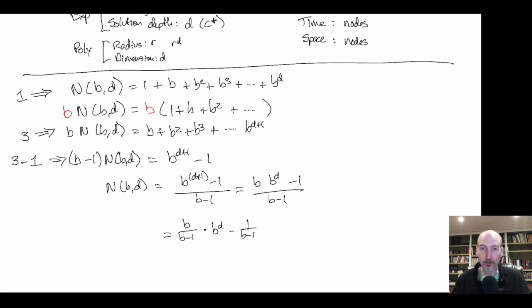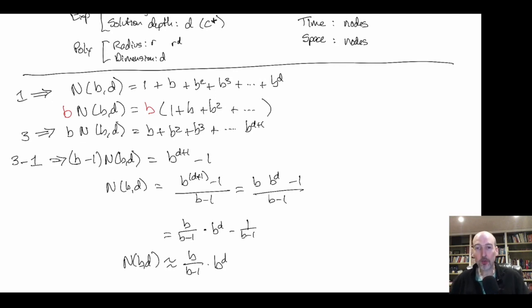Now we'll take an approximation step. We say that this part of the term, 1 over b minus 1, is small, so we're going to ignore that. Approximately, n of b comma d is approximately equal to b over b minus 1 times b to the d.